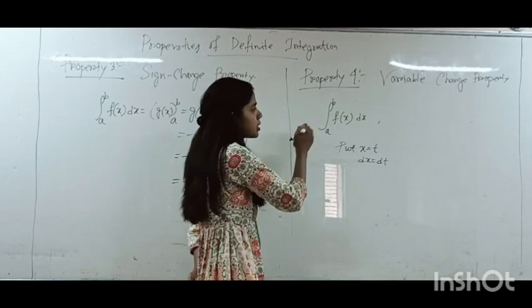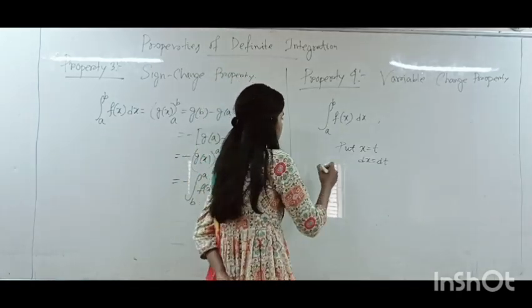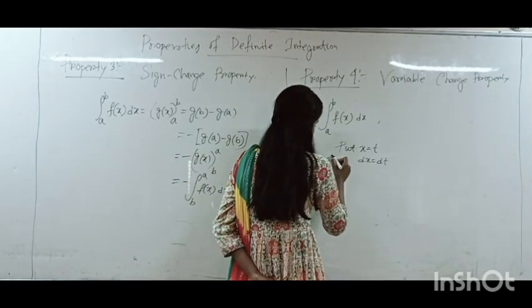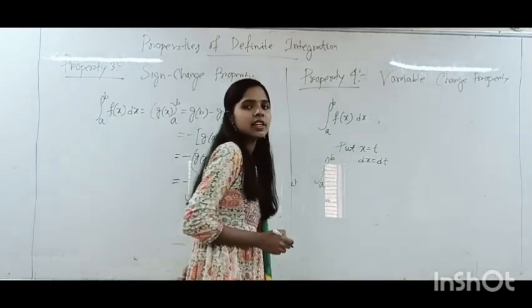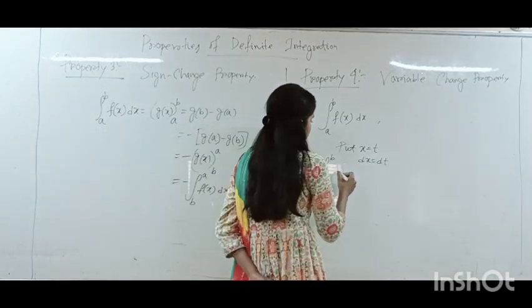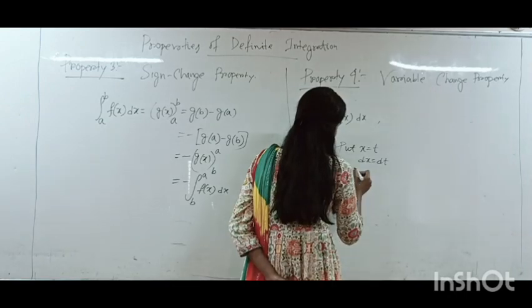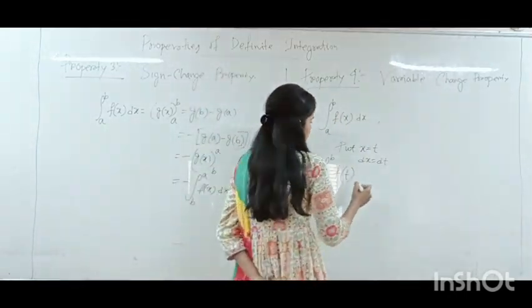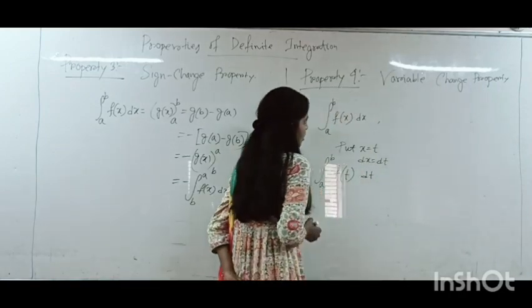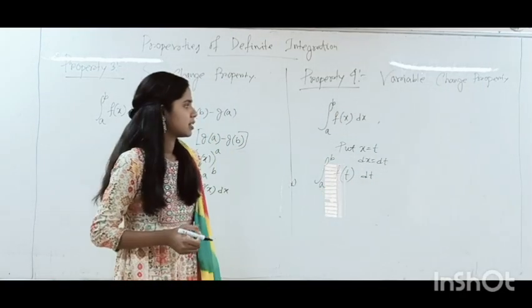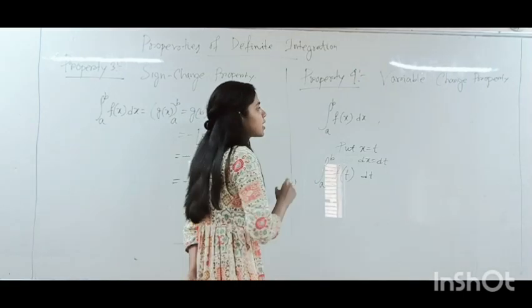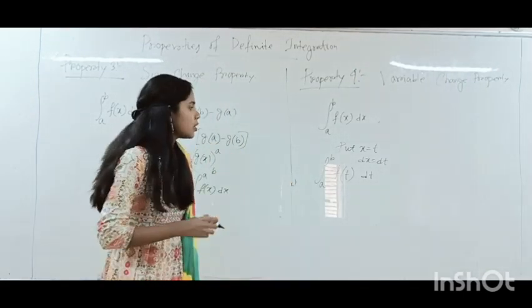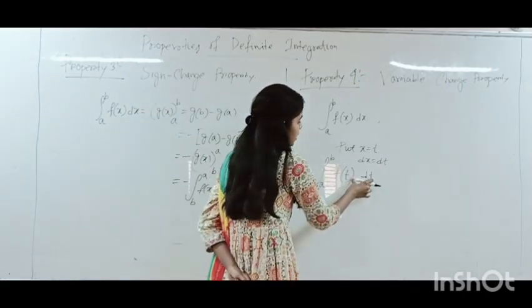Now let's substitute, just as you have done in indefinite integration. In the place of x we put t, and dx is equal to dt. So the result is: integration a to b f(x) dx is equal to integration a to b f(t) dt.